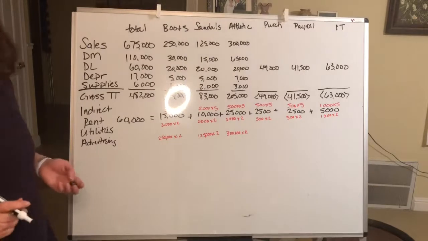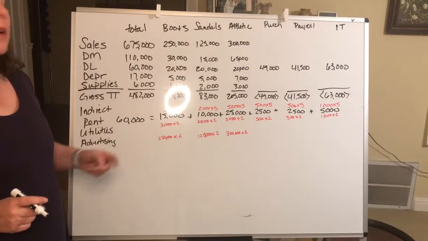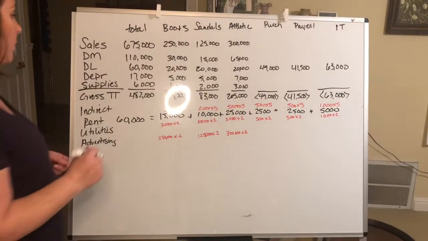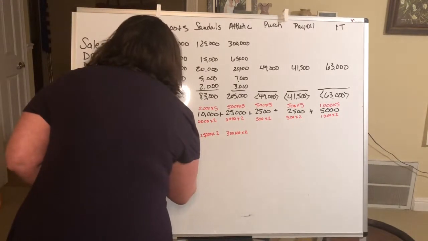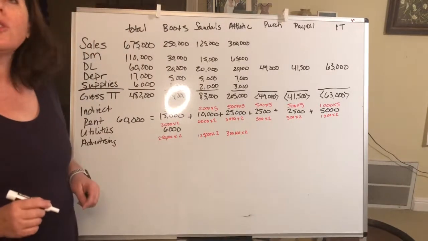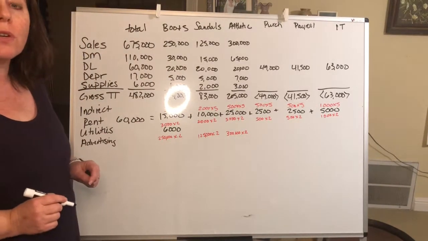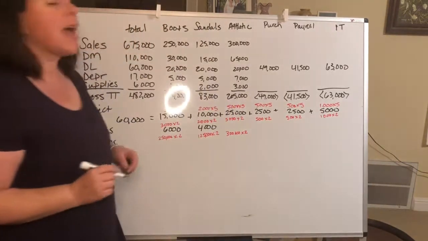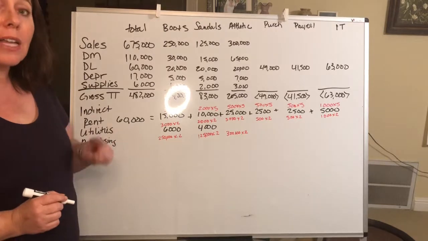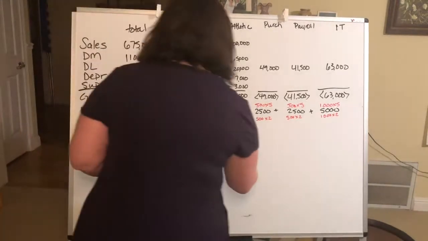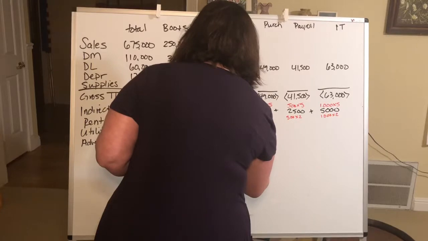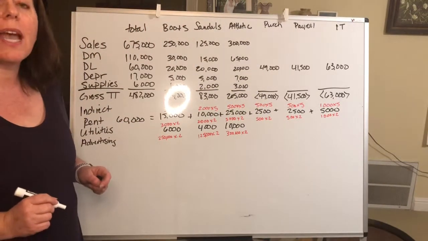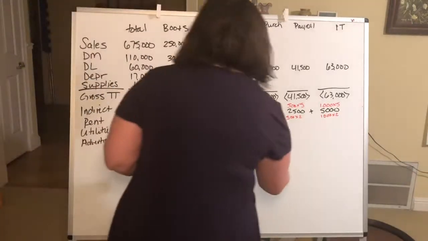All right, let's do the same exercise with utilities. Boots use 3,000 square feet times $2 a square foot, or $6,000. Sandals use 2,000 square feet at $2 a square foot, or $4,000. Athletic used 5,000 square feet at $2 a square foot, or $10,000. Purchasing used 500 square feet at $2 a square foot, or $1,000.